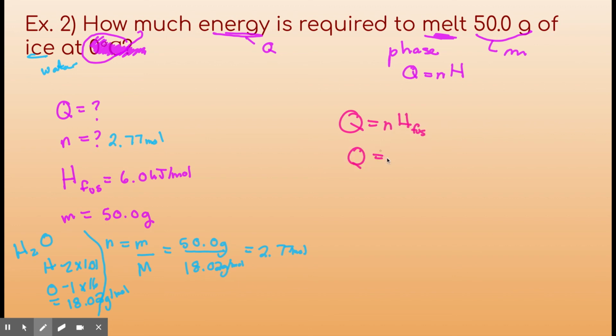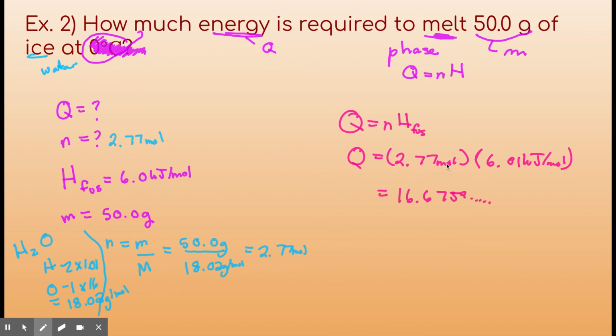Q we don't know. n is 2.77 moles. We're going to multiply it by our constant, 6.01 kilojoules per mole. And once we type it in our calculator, we should get 16.6759. It's not pretty.